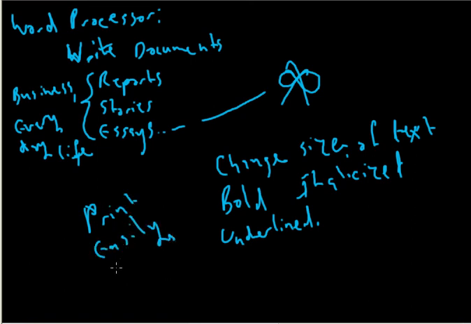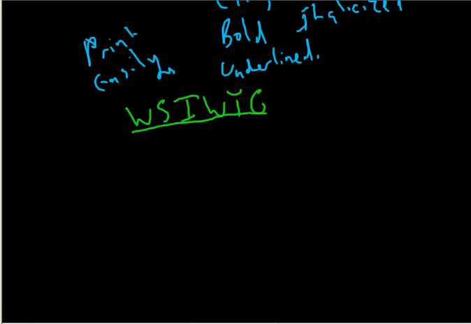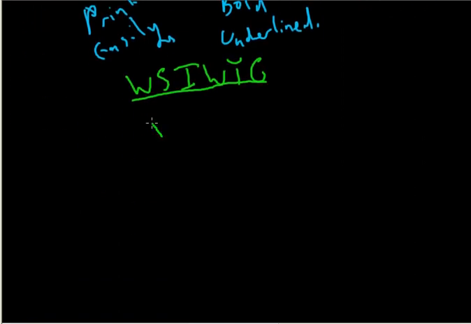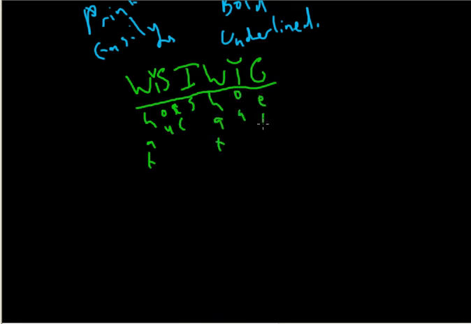A word processor is what I like to call a WYSIWYG, which kind of sounds like a ridiculous word, but it's actually an acronym. Whoops, undo that. WYSIWYG stands for what you see is what you get.